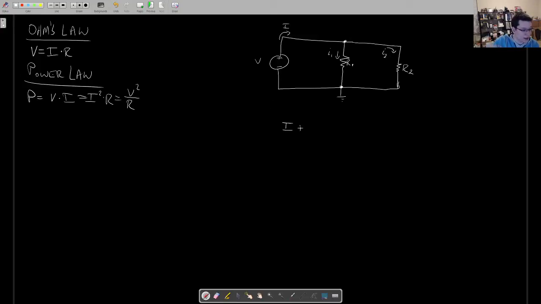So I must equal I1 plus I2. If you measure these two currents and they don't add up to the same as this current, then you're missing a branch. There's something else out here that you're not accounting for. Or your meter may be causing problems.